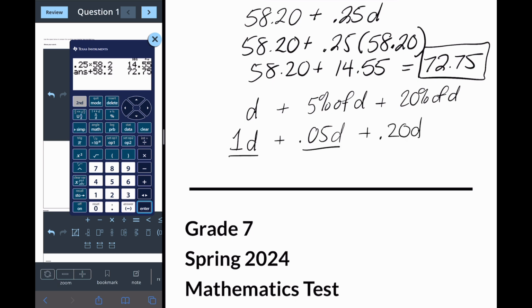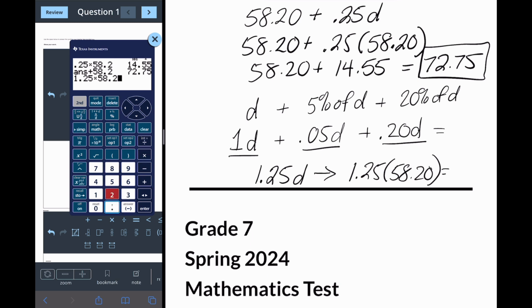Now these are all like terms. So you could simplify this to 125% of the dinner and do this in one shot: 1.25 times 58.20 to get 72.75.